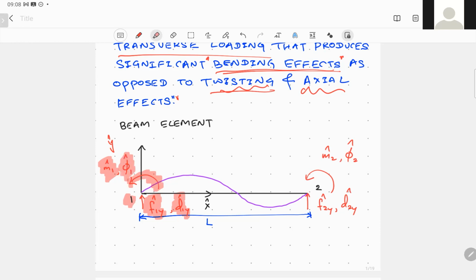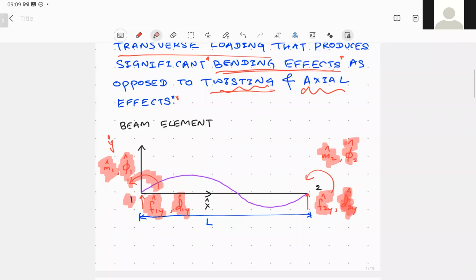And of course, due to the bending moment, the node will be subjected to a certain amount of rotation, which we can denote by phi 1, of course with the hat sign. Similarly, at node 2, you can define the shear force and the corresponding transverse displacement given by D2y hat, and the bending moment as well as the twisting angle at node 2.